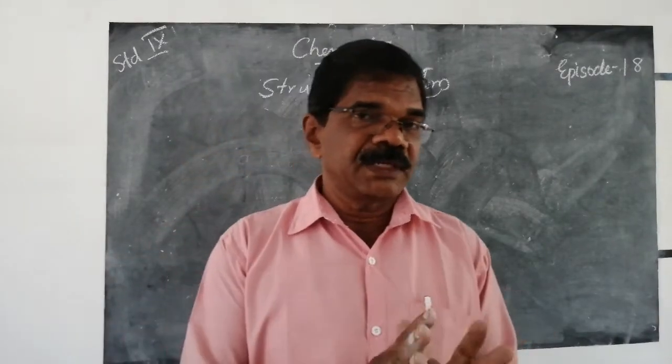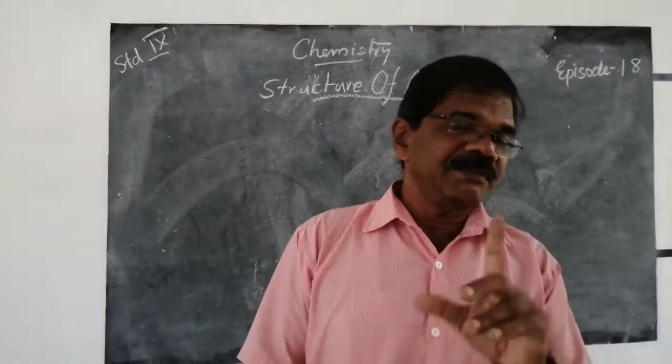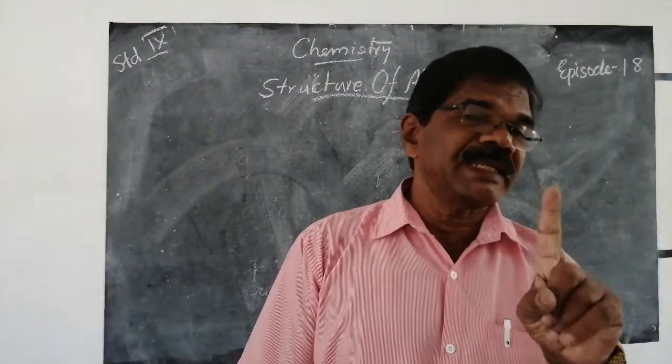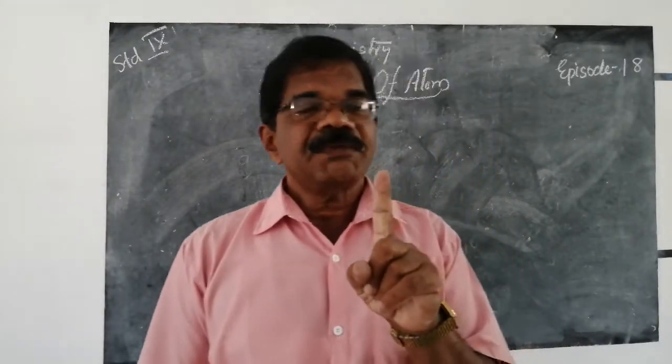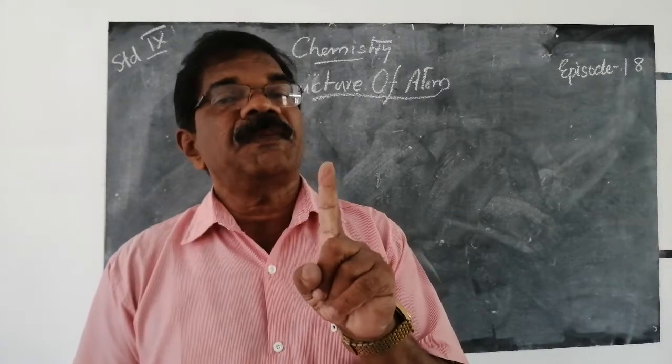This is the difference between atom and molecule. An atom means the smallest particle of an element. 118 elements, therefore 118 types of atoms only.